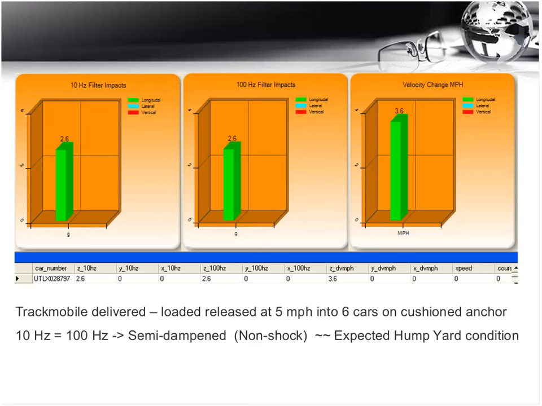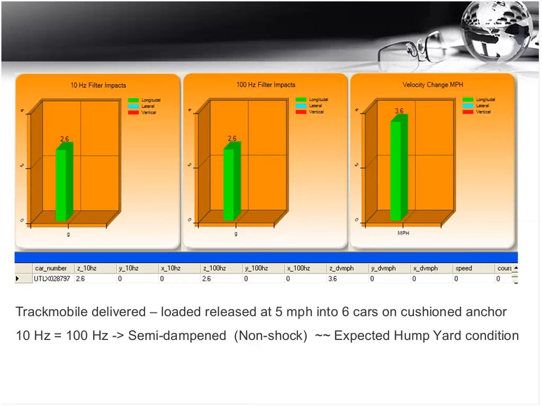So this shows what we would typically expect humping to be like. We took a Trackmobile delivered loaded car and released it at 5 miles per hour, and it rolled into 6 cars that happened to be on a cushioned anchor.